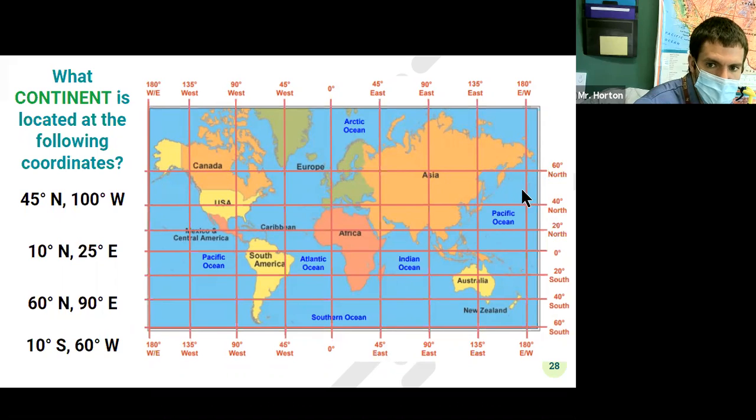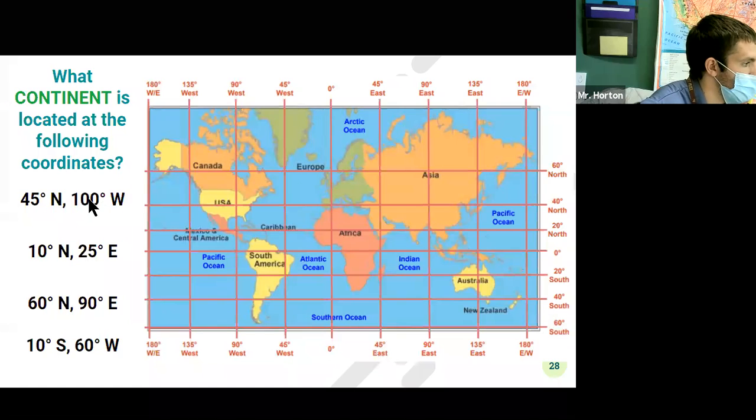We follow that across till we get to about 100 degrees west longitude, which is right here in between 90 degrees west and 135 degrees west. So what continent is this one right here? What continent is this, Zach? North America. Good. So for number 1, it'll be North America.